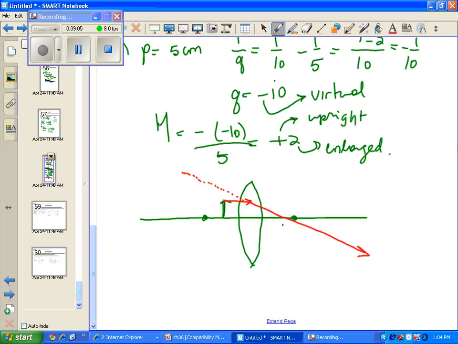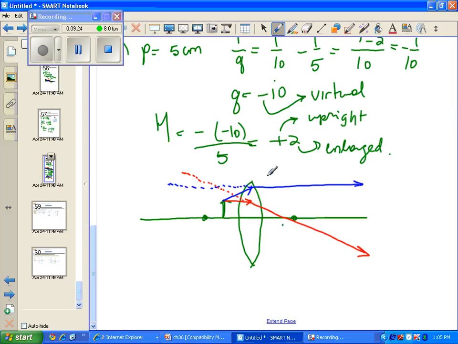Second one passes through the focus as though it's coming from the focus, so we angle it like this, and transmits parallel to the principal axis, and again we have to trace it back.